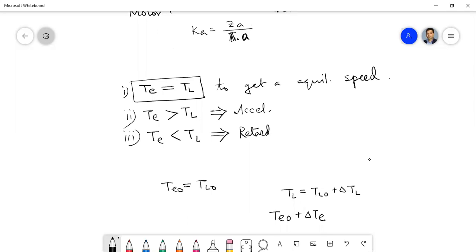Now, as delta TE is related to the flux and current, either both the flux and current should vary, or keeping the flux constant, IA should vary, or keeping the IA constant, flux should vary, to meet the new increased value of load torque.